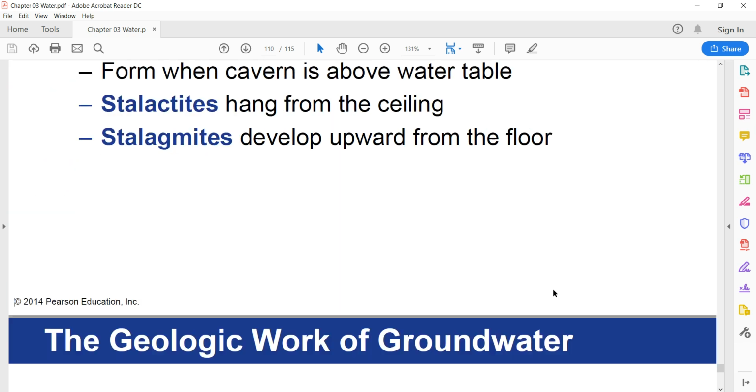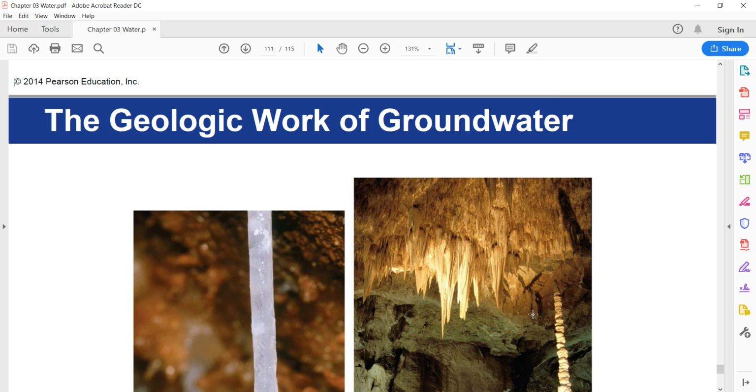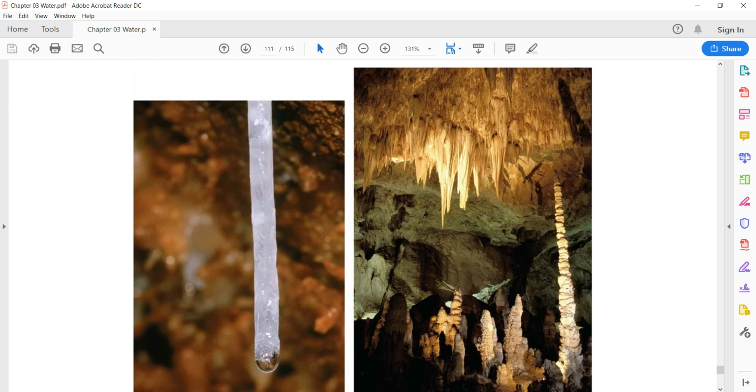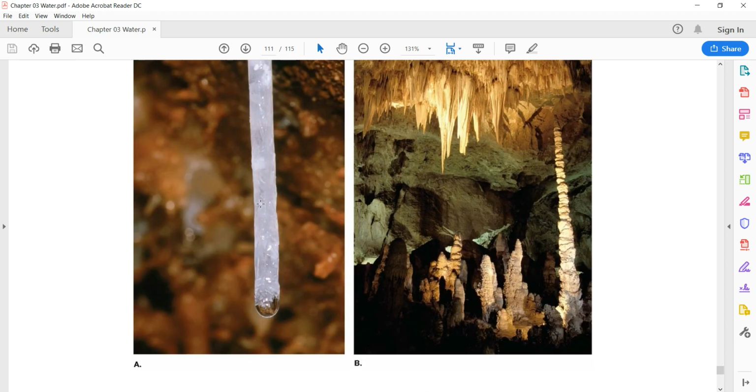So not only dissolution, sometimes precipitation also happens. This is the example where the precipitation is occurring. As the water is dripping down, the CO2 escapes, right? So look at this figure here, or the photograph. This is a column, the vertical column, which is projecting downwards from the roof.